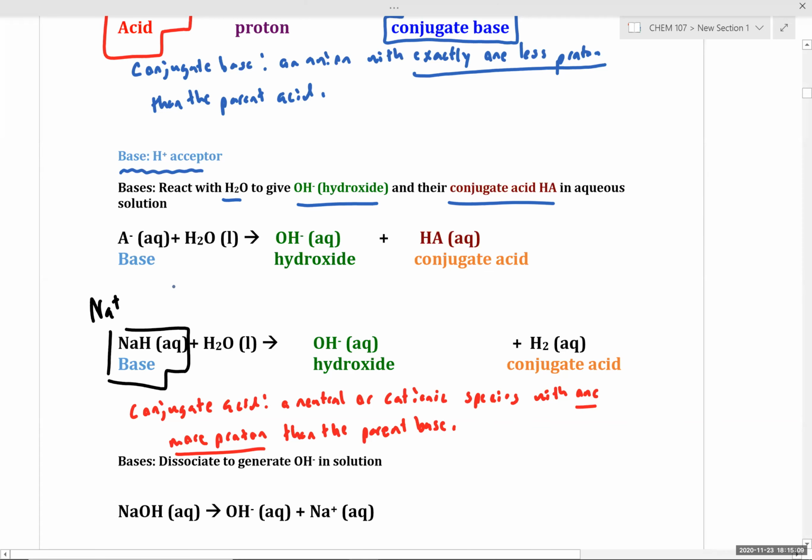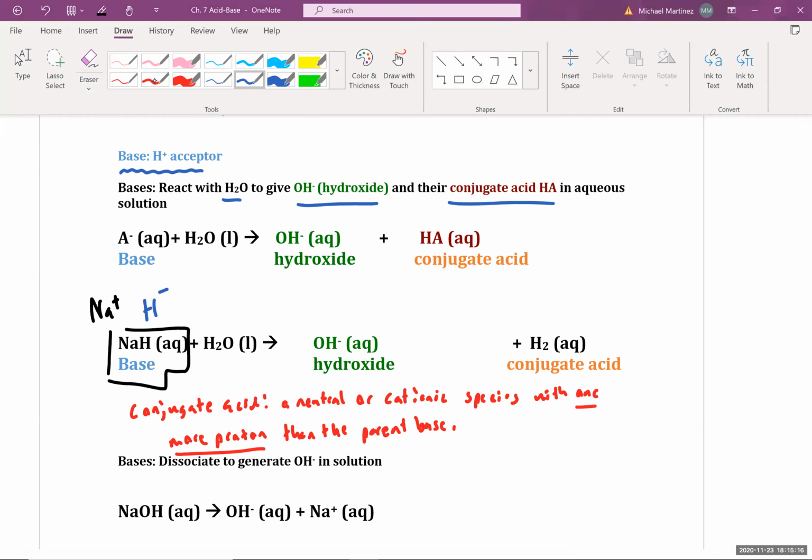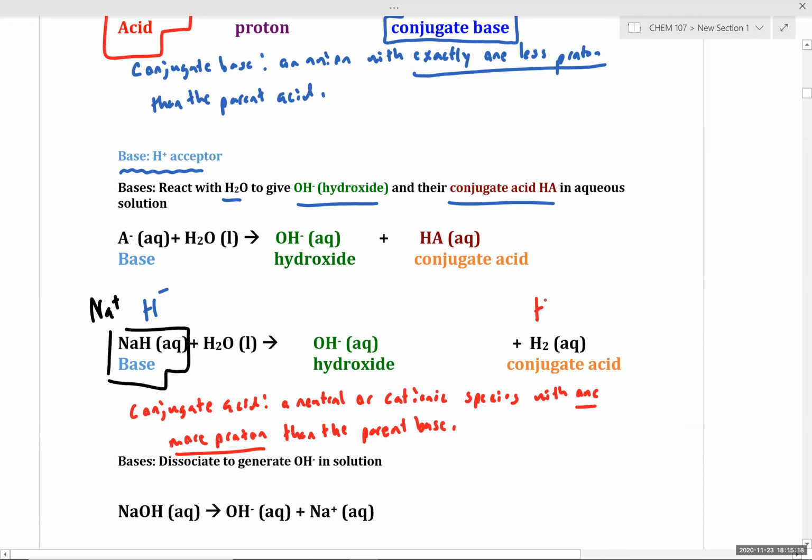H minus, exactly right. H minus is known as hydride. And when sodium hydride reacts with water, it makes H2, which is hydrogen gas, which can be viewed as our conjugate acid. So this is why you'll often see bubbles, and hydrogen gas is quite reactive and can often catch on fire if it reaches sufficient temperature and oxygen concentrations.